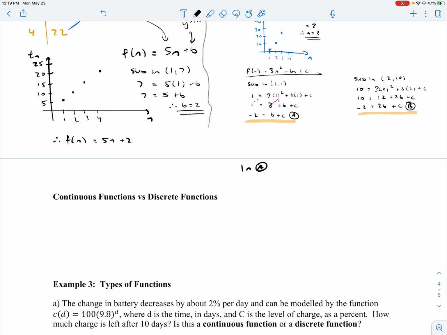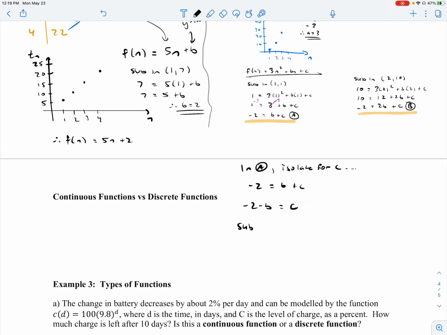So we'll say in A, isolate for C. So we have negative 2 equals B plus C. I want to get C by itself, so we'll subtract B from both sides. That'll leave us with this.